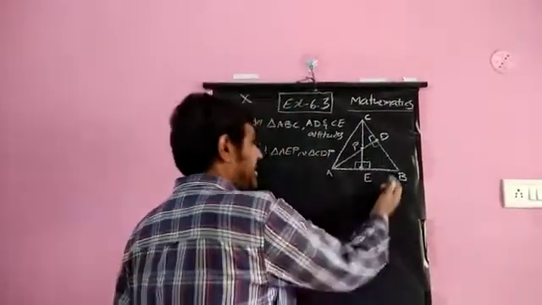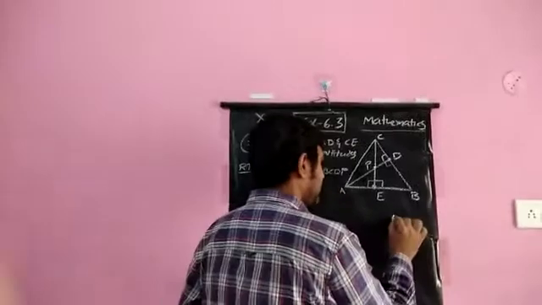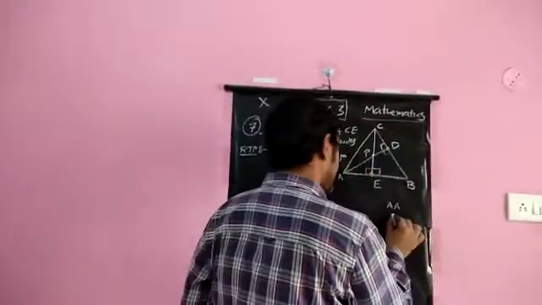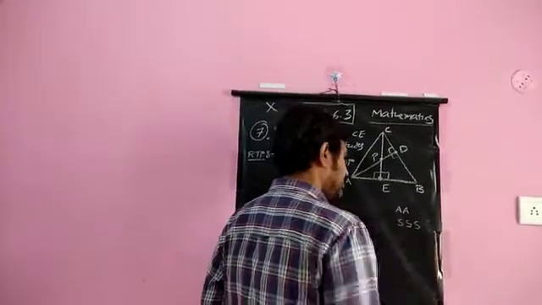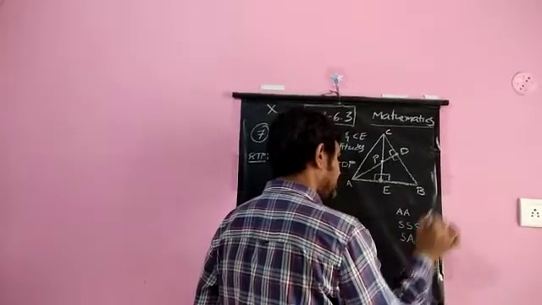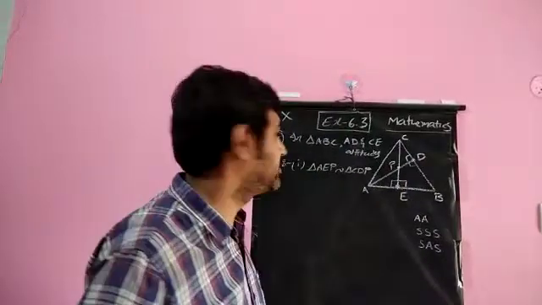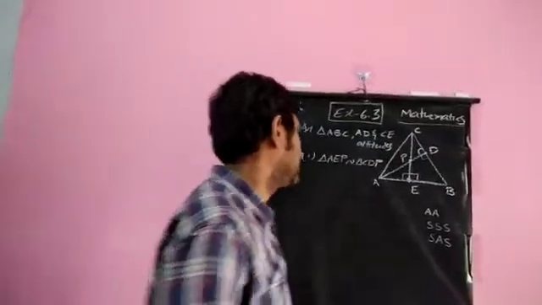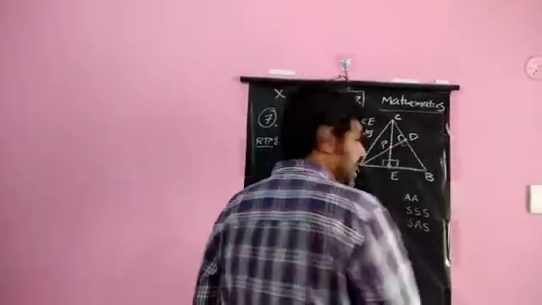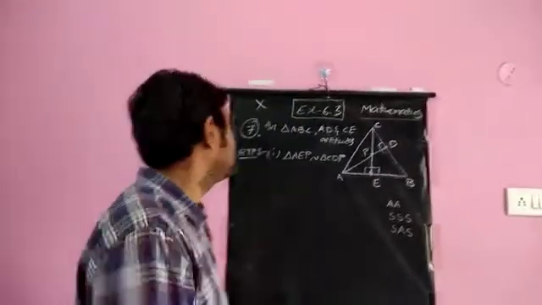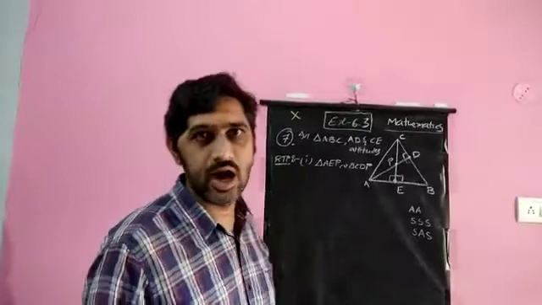What are the similarity criteria? In the beginning, we have the angle similarity criteria, and we have the side similarity criteria. Mainly here they gave us the angles, one of them a right angle. By using this right angle or angle similarity rule, we have to prove that the given sets of triangles are similar. There are 4 parts here, and all 4 are similar.